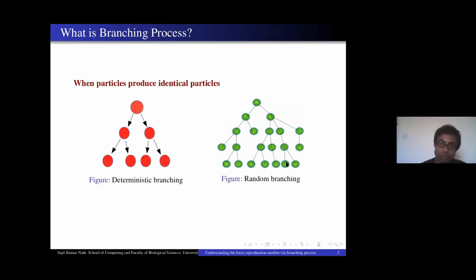Today we will mainly focus on this, and we will get the distributions of the various generations, that is, the number after the nth generation, and whether something goes extinct or not. This theory is applied in evolutionary biology, cosmic ray showers, and many other places.